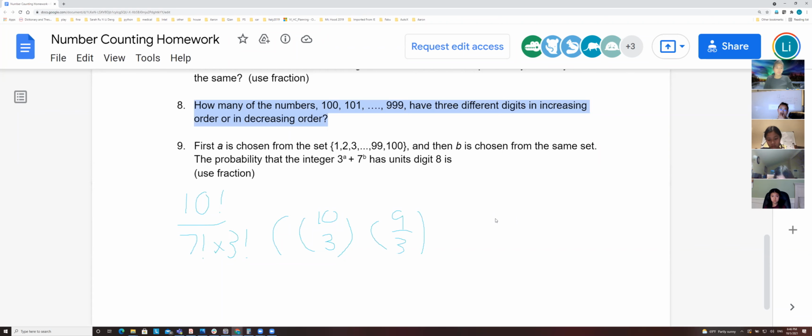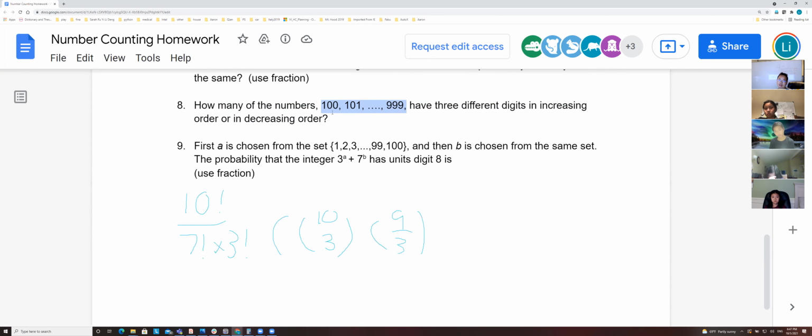So I'm just going to elaborate a little bit on what Landon just said. If you look at all these numbers, they can be anything greater than 100. But if you pick any 3 numbers, there will be only 1 chance to have the correct arrangement.